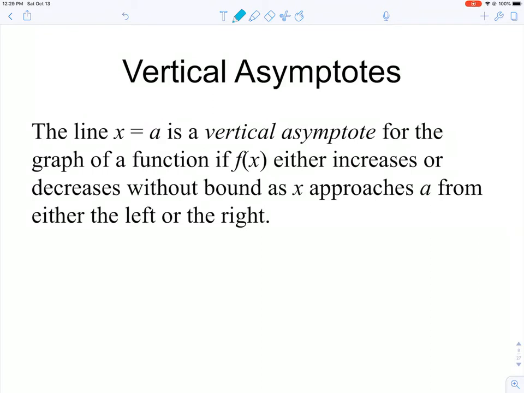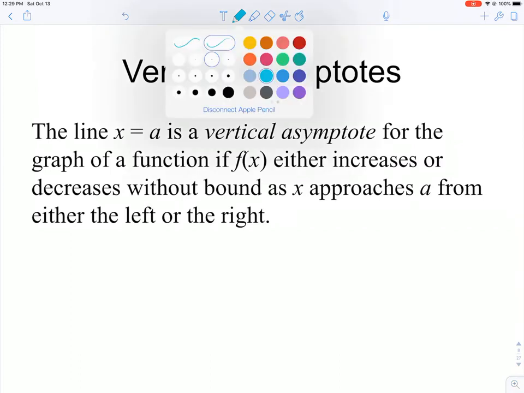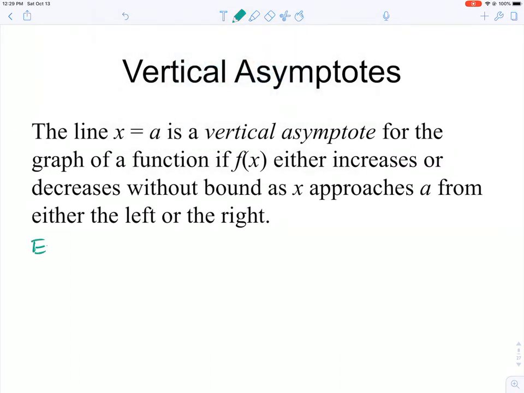would correspond to graphically. So the line x equals a is a vertical asymptote for the graph of a function if f of x either increases or decreases without bound as x approaches a from either the left or the right. So let's think about kind of this simplest rational function that you guys know. 1 over x.